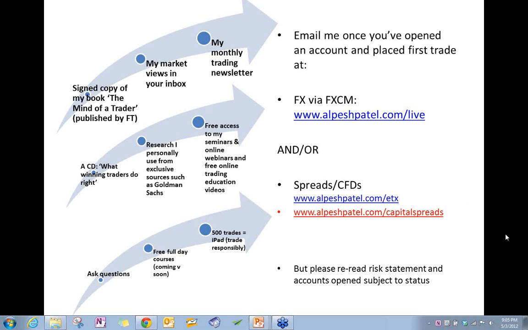With a big player, you do have that advantage, and I would say stick with some of the bigger players like the ones I've shown here, alpeshpatel.com/ETX and Capital Spreads as well. When you place that first trade with either of those, then ping me for all this other stuff.